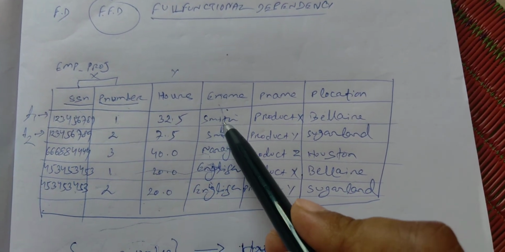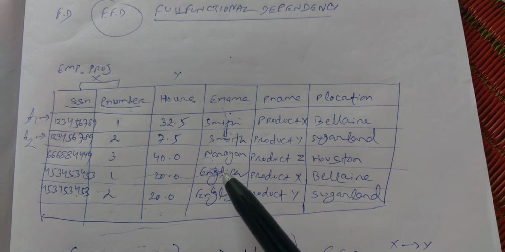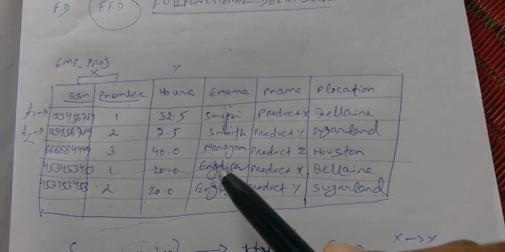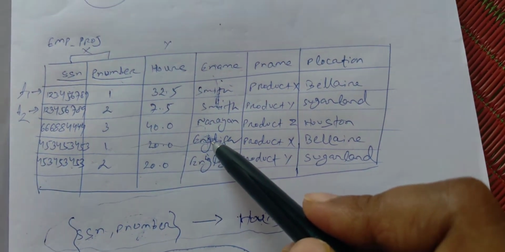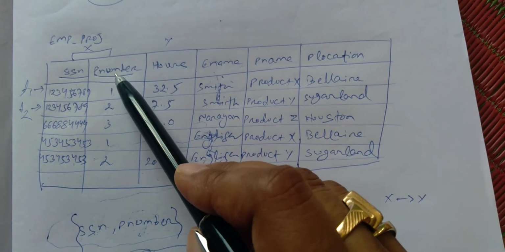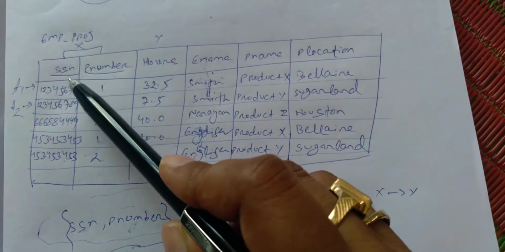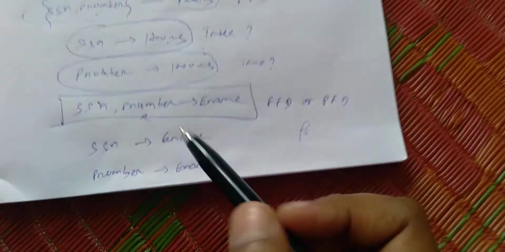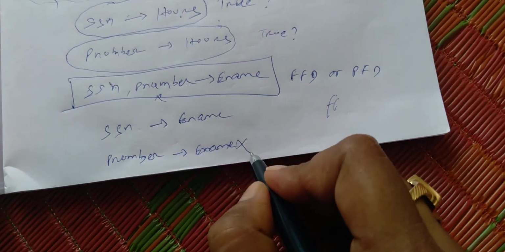One is Smith, one is English, so these two are not same. So if you are removing SSN, P number alone cannot determine ename.